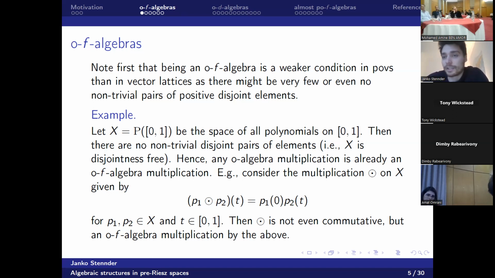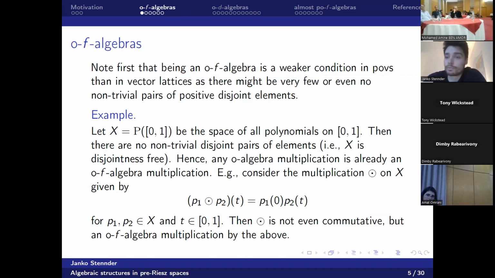So we already have a counterexample to a very famous result in F algebra theory, namely that every Archimedean F algebra is always commutative. But we see that in general this cannot be true in partially ordered vector spaces, because disjointness is just such a weak notion in partially ordered vector spaces.